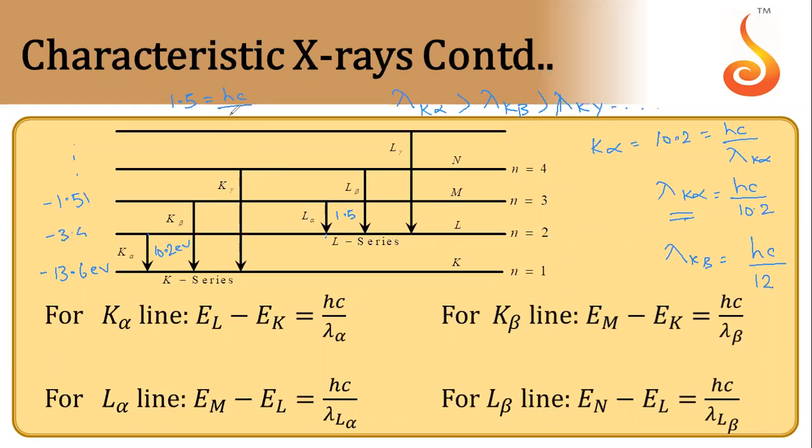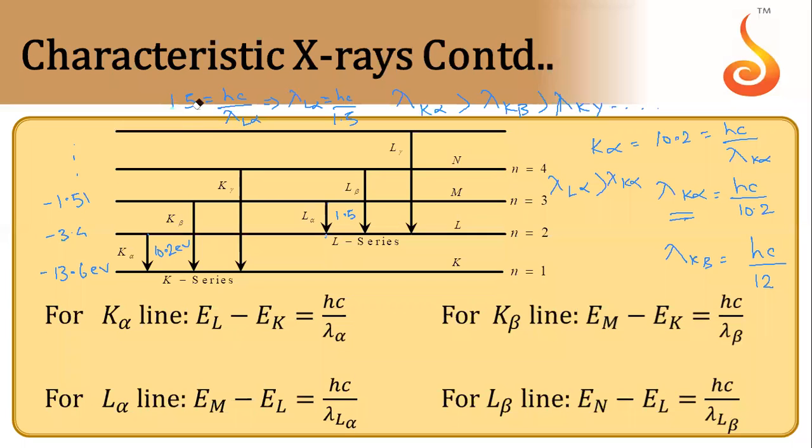So lambda of L alpha equals HC by 1.5. Now compare the wavelength of K alpha and the wavelength of L alpha. Since 1.5 is lesser than 10.2, the wavelength of L alpha will be more than the wavelength of K alpha.